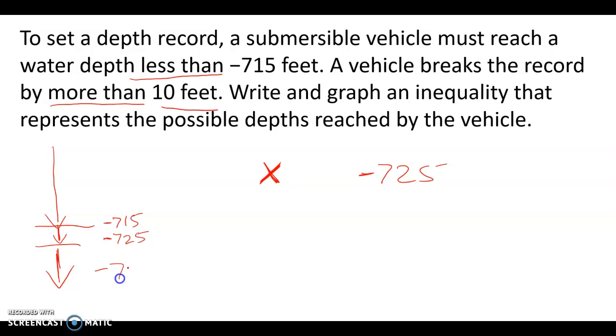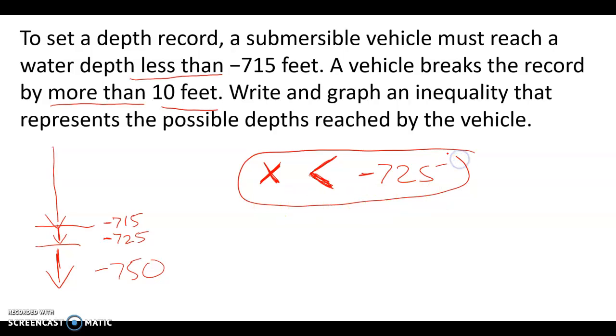So negative like 750. So on a number line to get the negative 750, it would have to be actually to the left. So that one's trickier because you're going down in degrees or feet. So it ended up being x is less than negative 725. So on the graph, negative 725, circle would be empty, and anything lower than 725 would break the record.